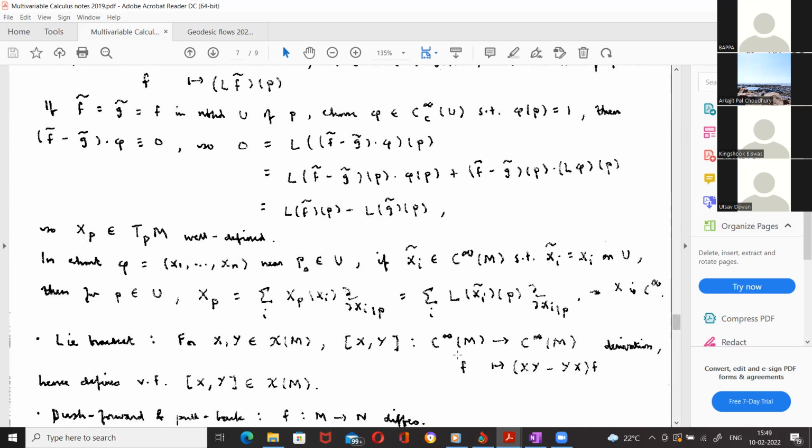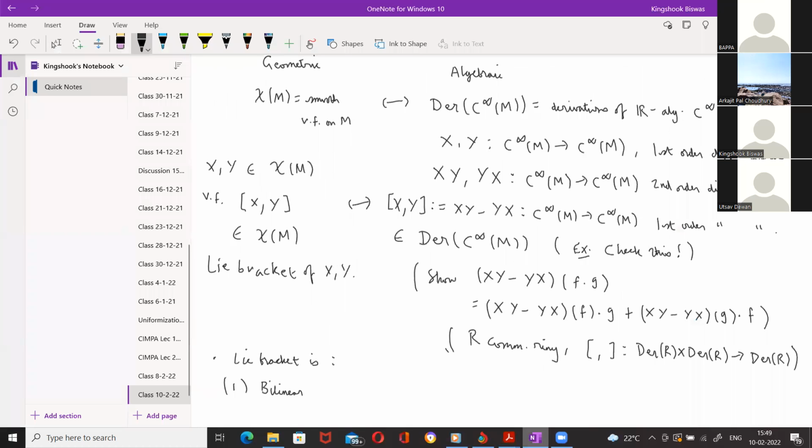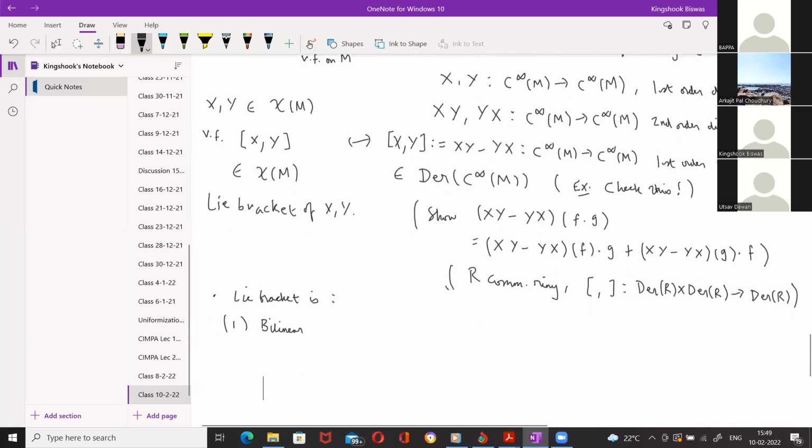Anyway, so it's bilinear with respect to addition and scalar multiplication of vector fields. Second, it is skew symmetric, or alternating.